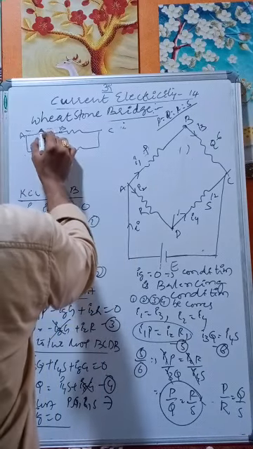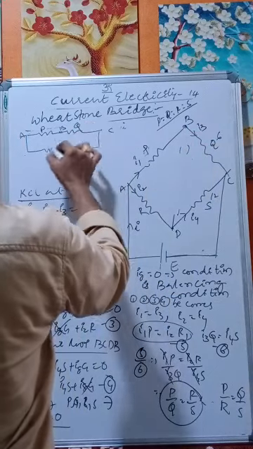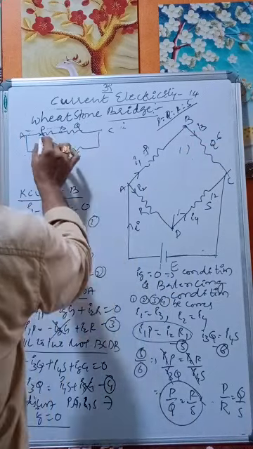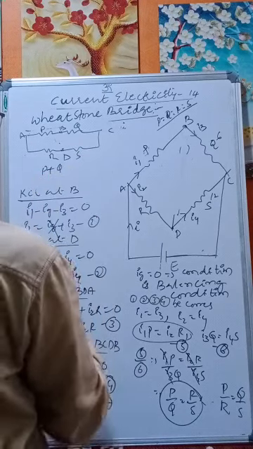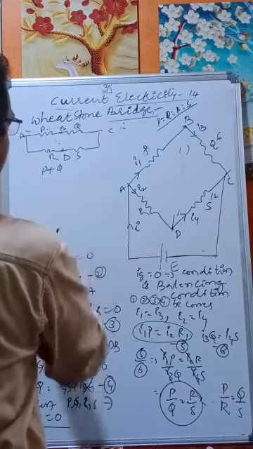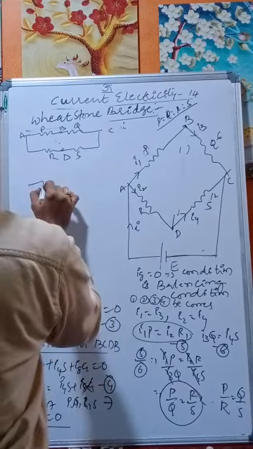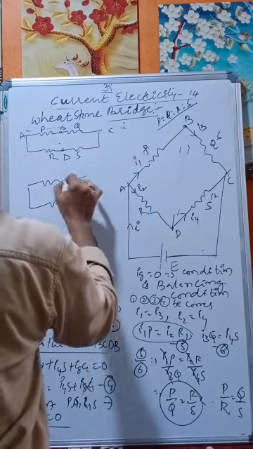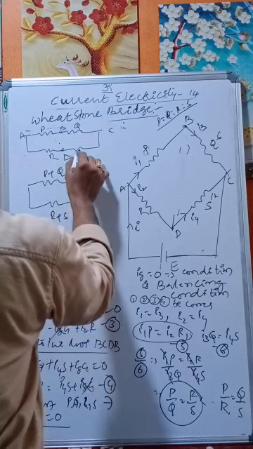So between B and C it is P, Q, R and S. What is the equivalent resistance?